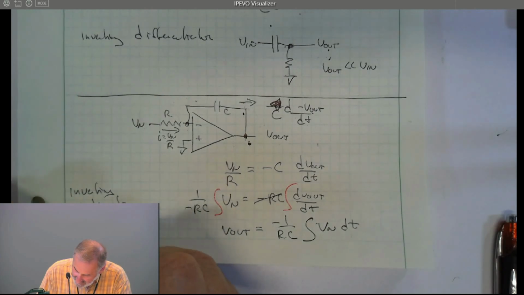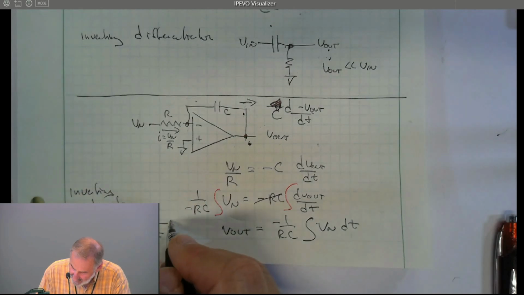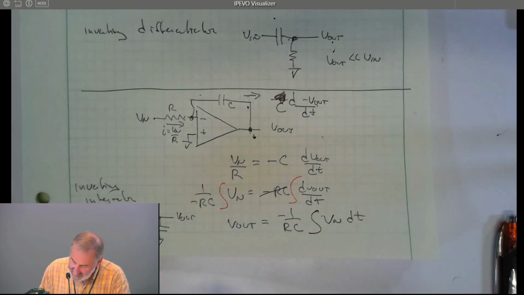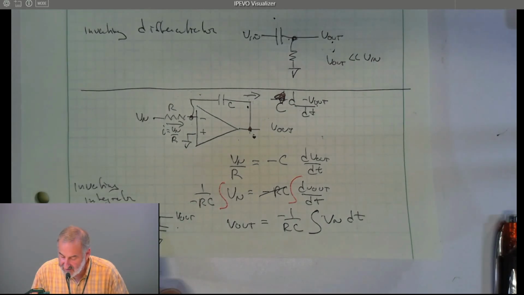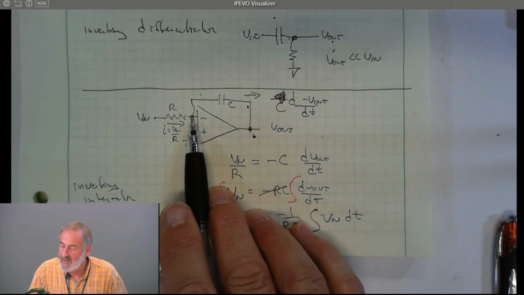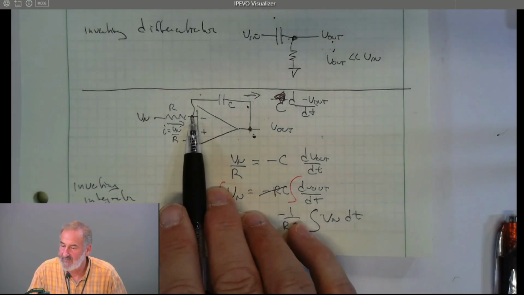And like the differentiator, it's an improvement over the simple RC. Once again, here we had to make sure V out was small compared to Vn, so that the current through this resistor was essentially a function of Vn. Here we no longer have that problem. The op-amp keeps the minus input at 0.